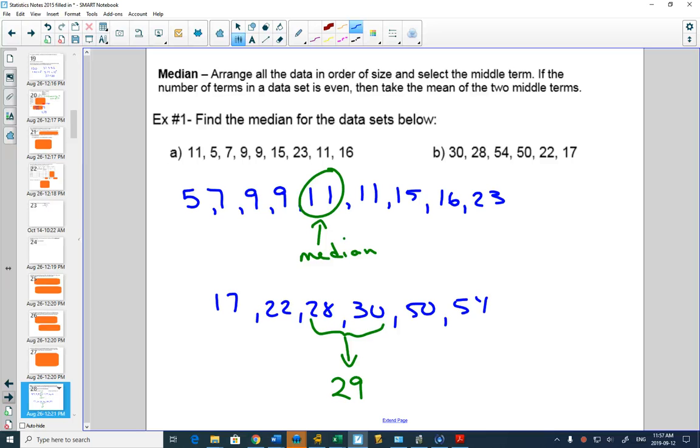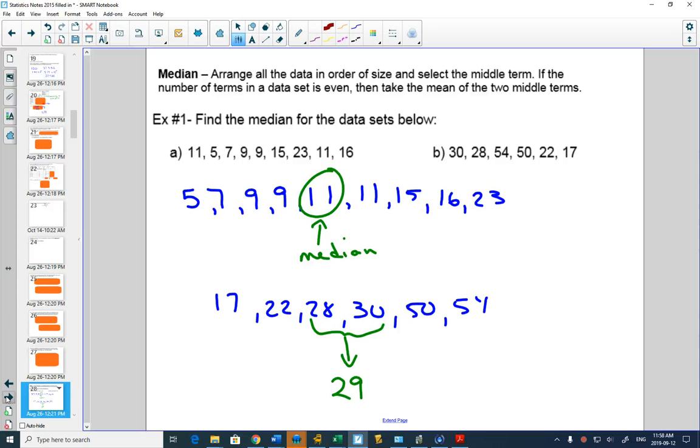If I had 31 things, which would be my median? 16. Okay? What happens if I had 111? How can we find out which one it is? That's the median. It's 56. How do we find that?